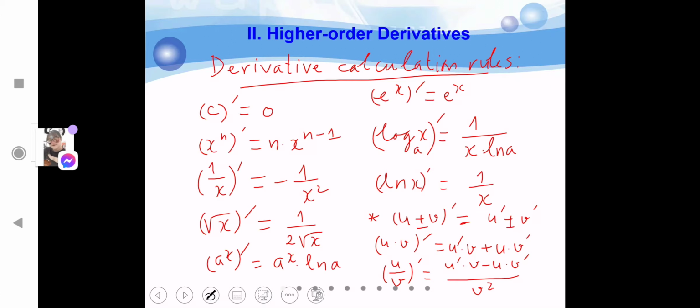The sum, difference, product, quotient rule, and now we have the chain rule.